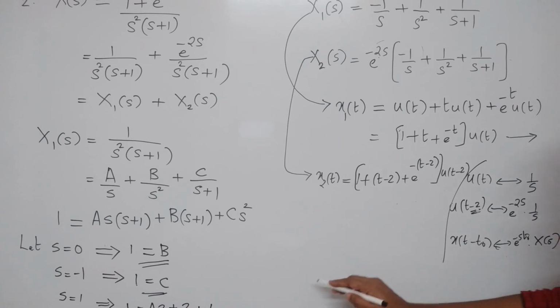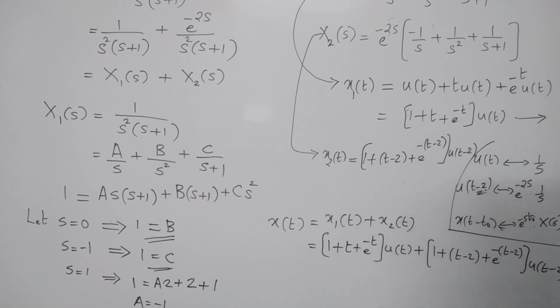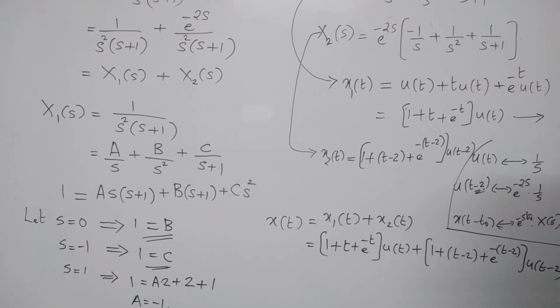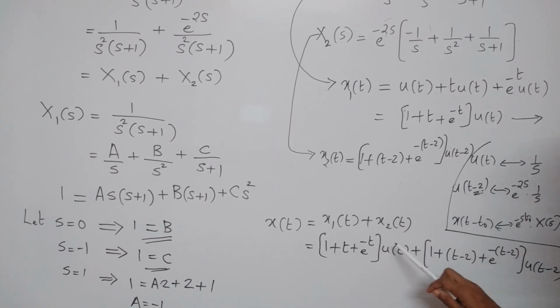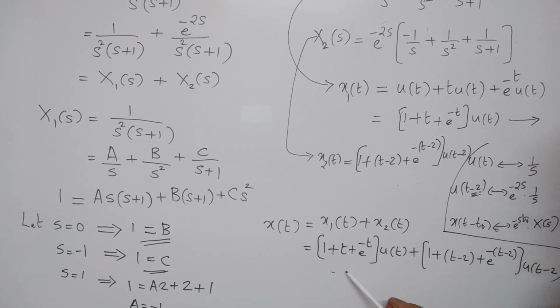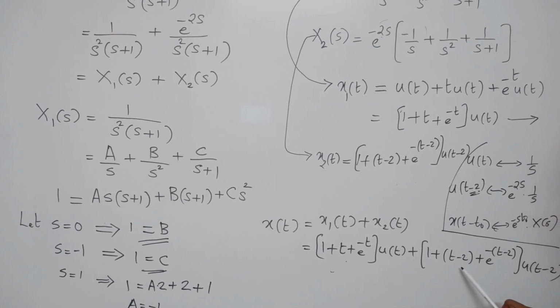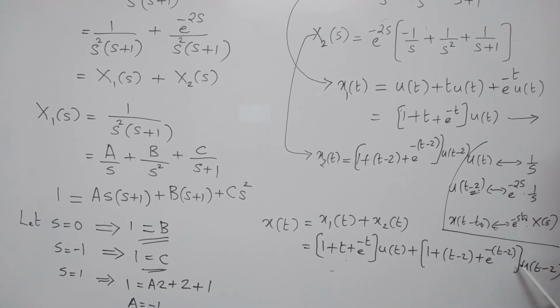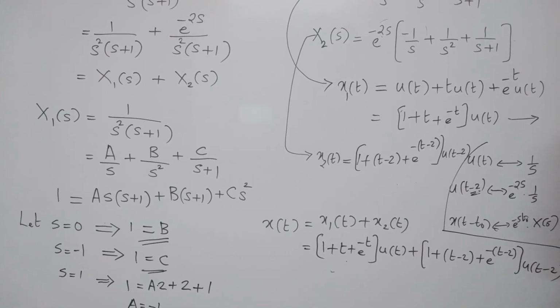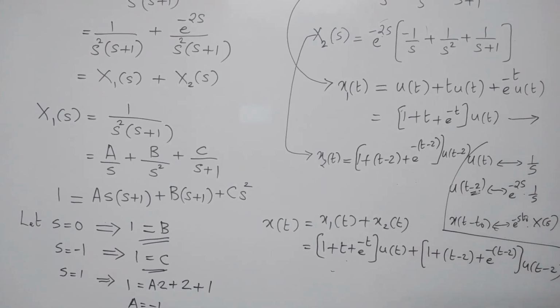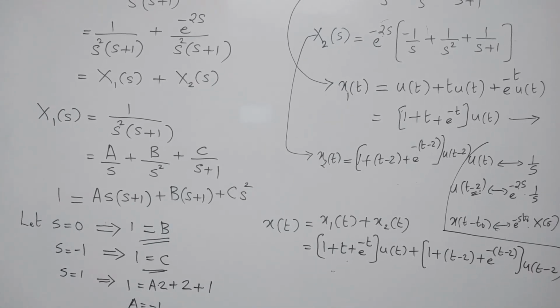So our final answer is X of t equal to X1 of t plus X2 of t, which is 1 plus t plus e raised to minus t u of t, plus 1 plus t minus 2 plus e raised to minus of t minus 2 into u of t minus 2. So whenever you see an exponent term in the Laplace function, we should know that it corresponds to a time shifted function in the time domain.